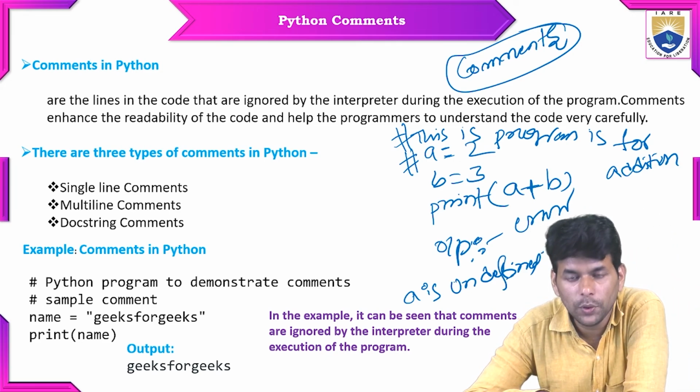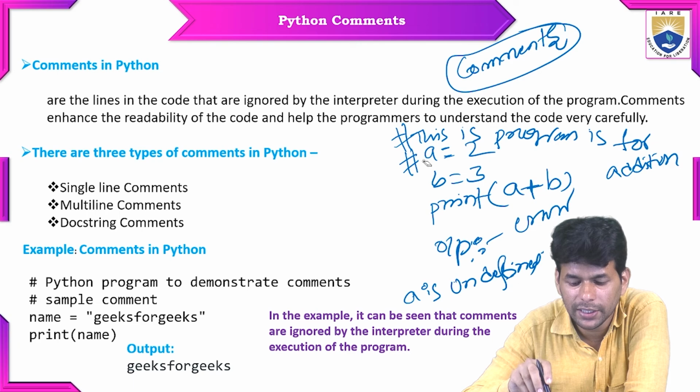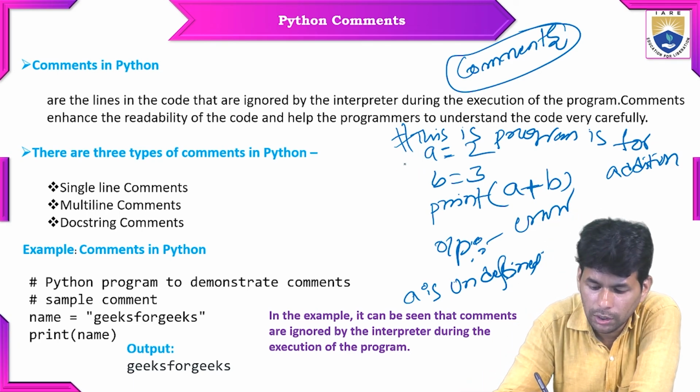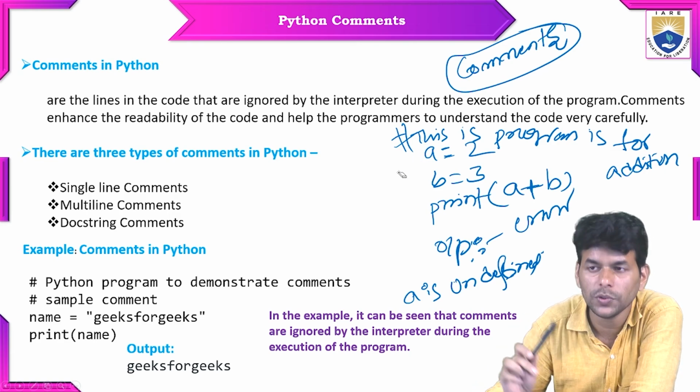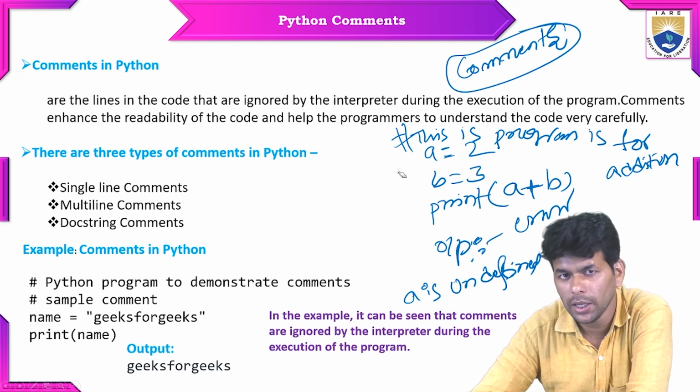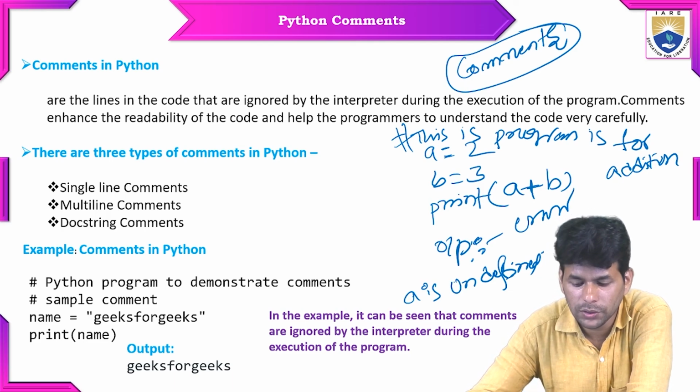Why? In my program, a equal to 2 is there. All of you, the users and developers, see that my program has the variable a, but it is showing that a is undefined. Why? Because a is kept under the comment. So if I remove this hash symbol here, then a has the value 2 here.